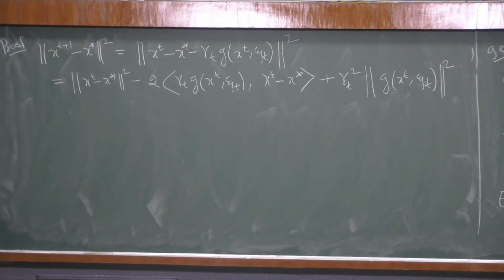We have done this many times now, so it is quite familiar. Now we will use the fact that our gradients are bounded, so the last term will be less than or equal to G squared. We will take expectation as well, but that will come as a next step.